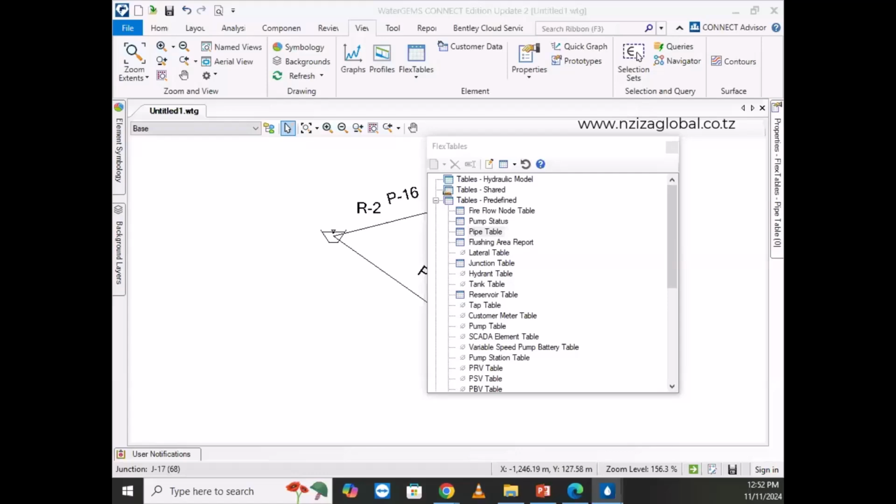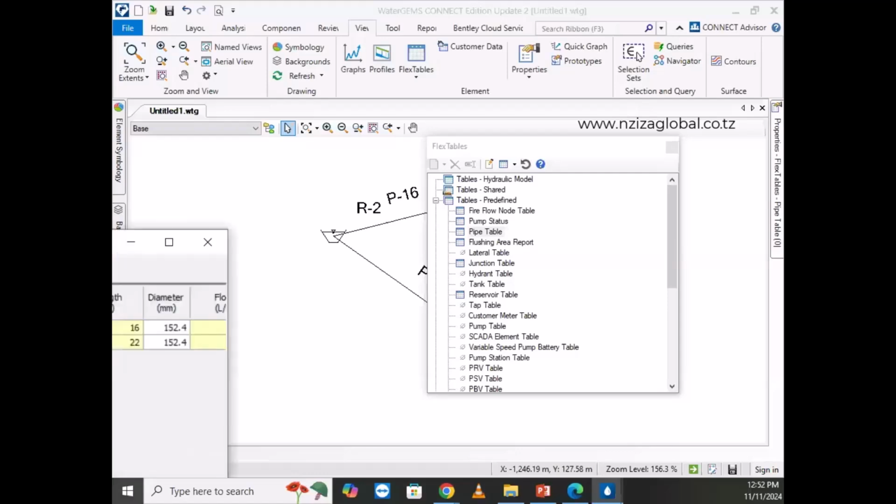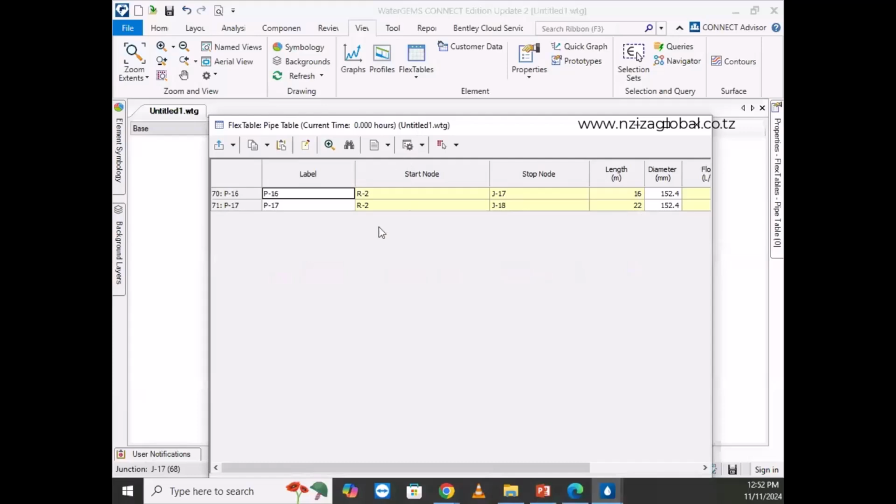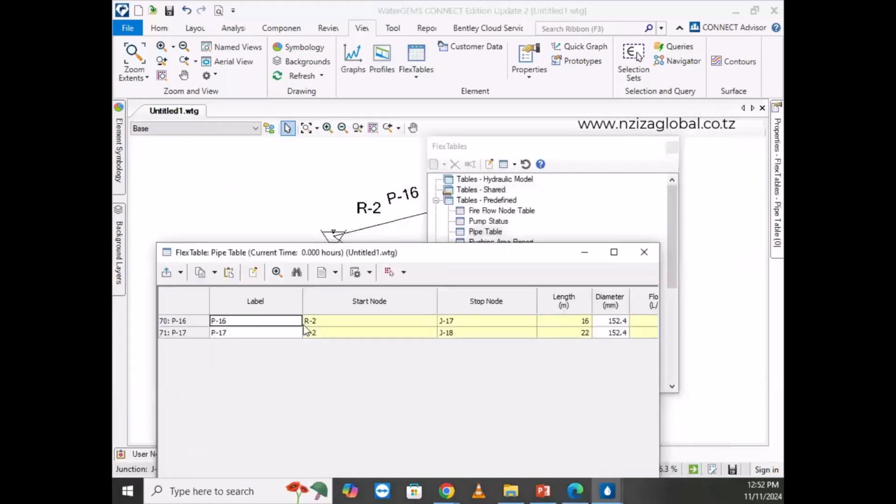Start node. You remember what I told you before? Each pipe has a start node and an end node. So for mine, you see, this is a start node and this is a stop node, or end node.